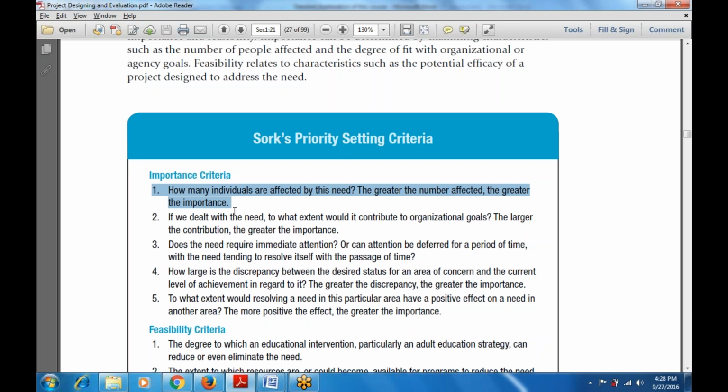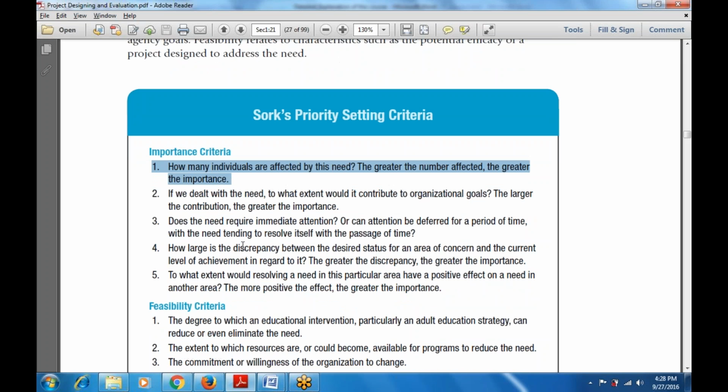Does the need require immediate attention, or can attention be deferred for a period of time, with the need tending to resolve itself with the passage of time? And how large is the discrepancy between the desired status for an area of concern and the current level of achievement?